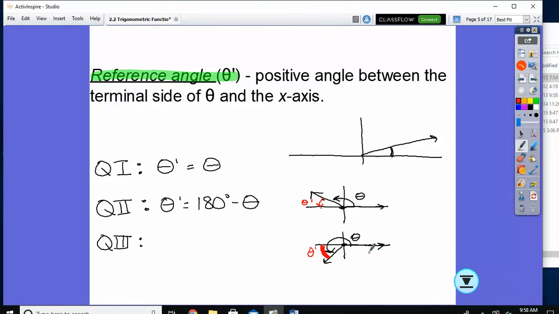So like my angle in quadrant 3 might be 200. Then what would this turn out to be? How far is it to the x-axis? 20. In the third quadrant, your angle is bigger, so you do your angle minus 180.